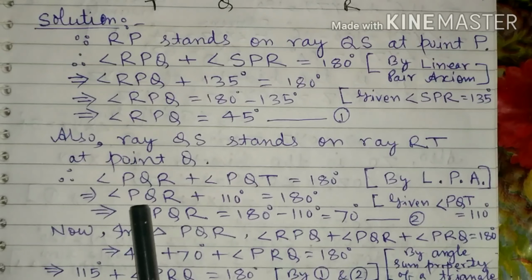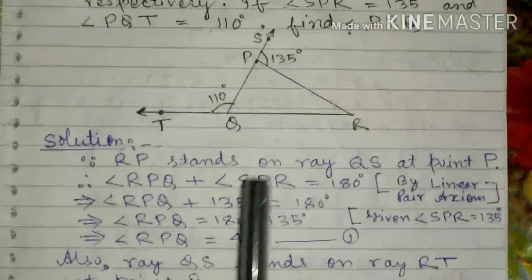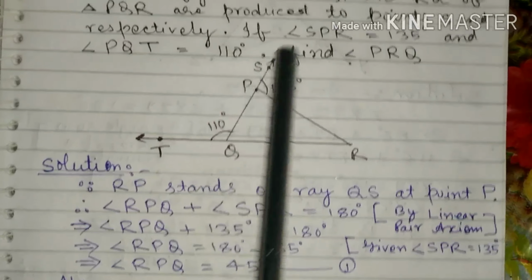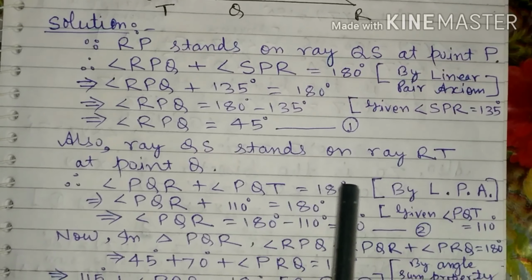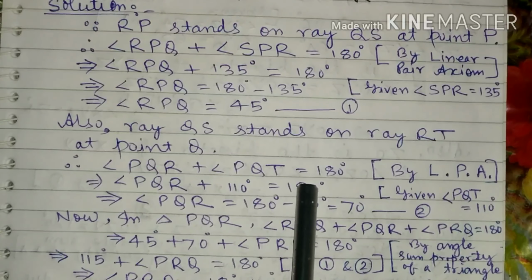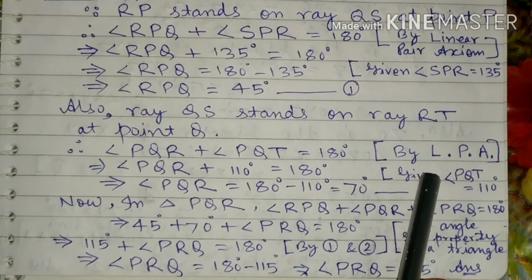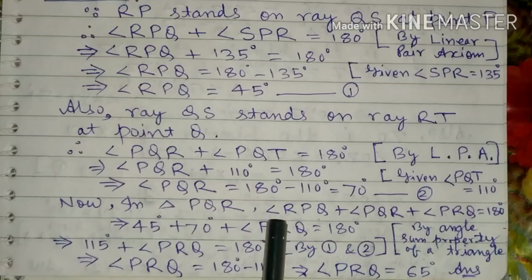We write angle PQR the same, and angle PQT is equal to 110 degrees, given in the figure. We put 110 degrees here, 180 degrees the same. Therefore, angle PQR is equal to 180 minus 110, that is 70 degrees. We write this as equation 2.